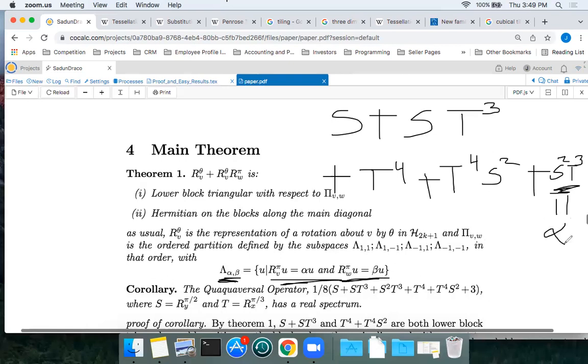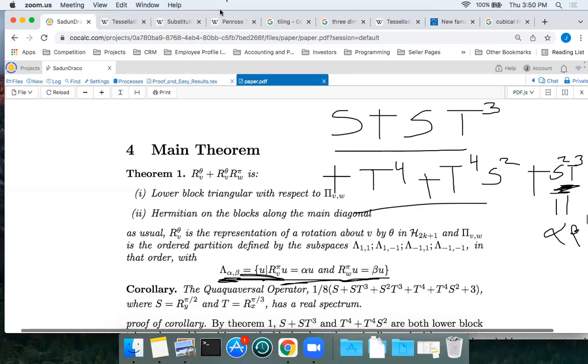So this is just alpha times beta on here. It's just a multiple of the identity. That's even better than these, which are Hermitian on the blocks along the main diagonal; this one is actually diagonal. When I add all of these together, I get a matrix which is lower block triangular and Hermitian on the blocks along the main diagonal.